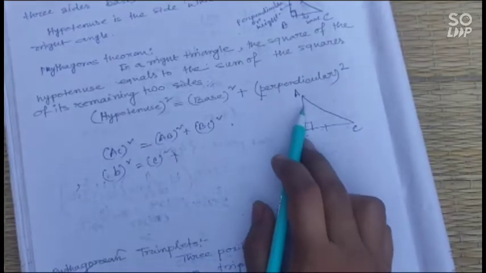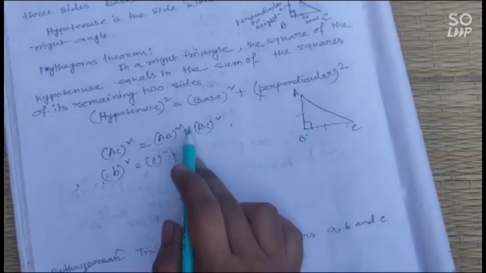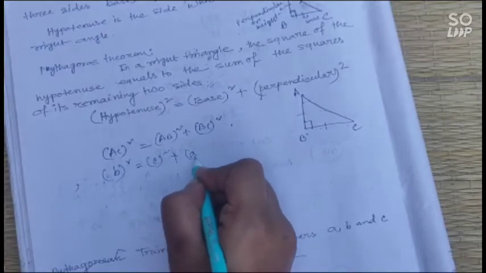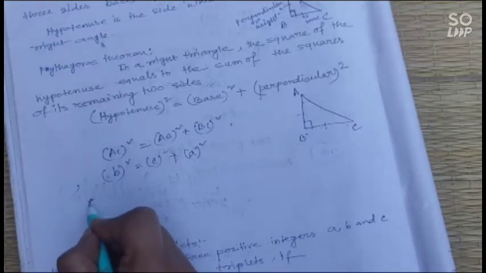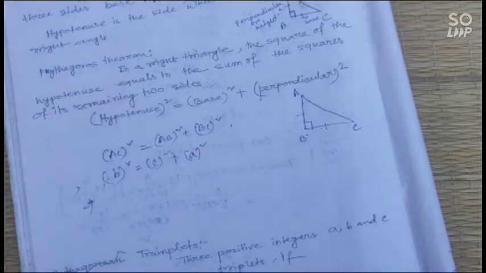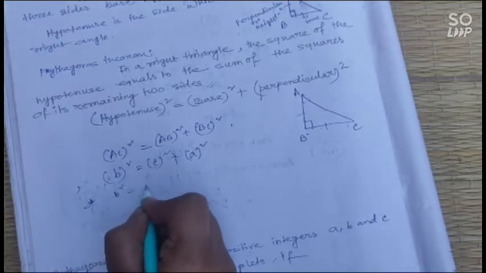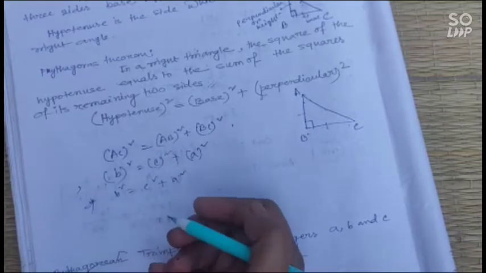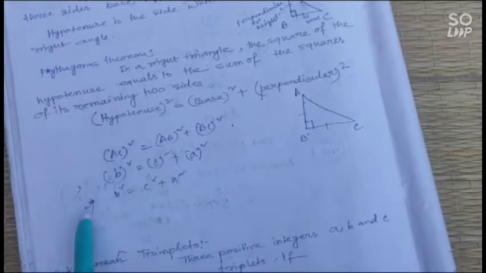BC is opposite to the vertex A, so we can denote BC as a. You have learned how to denote each side of a triangle in your previous class in triangle inequality property. So I hope all of you can understand this. b square equal to c square plus a square. We can get this relation using the Pythagoras theorem.